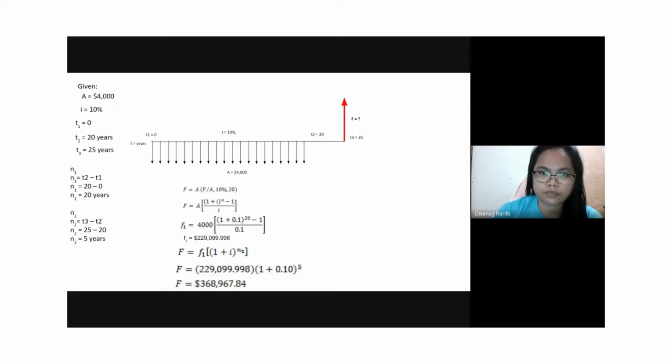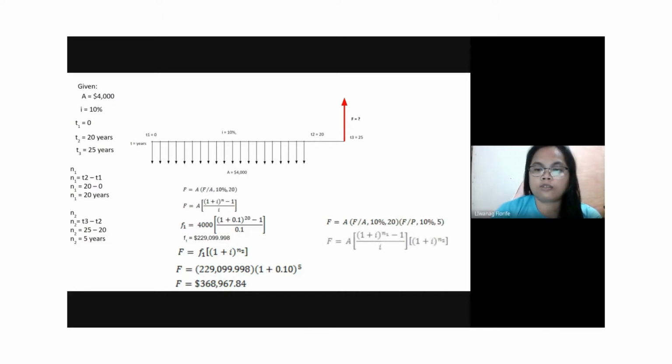On the other hand, for a shortcut for this problem, we have F is equal to the annuity times the uniform series factor (F/A, 10%, 20 years), and then the single payment factor (F/P, 10%, 5).